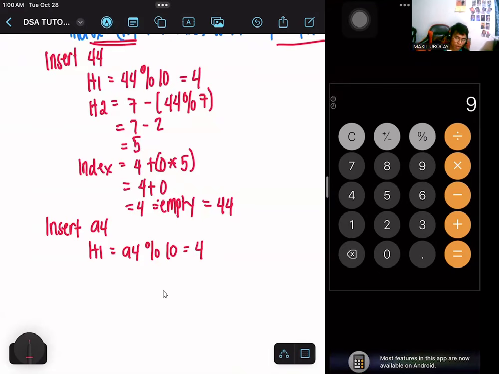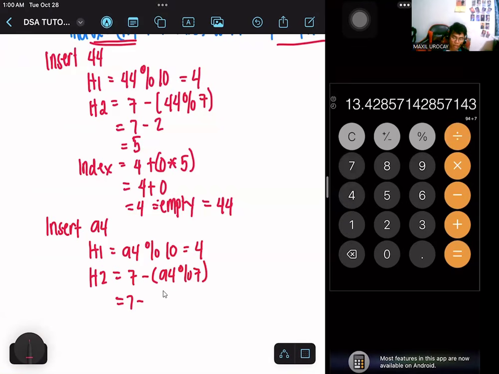Now your hash 2 is 7 minus 94 modulo 7. 94 divided by 7 is 13.